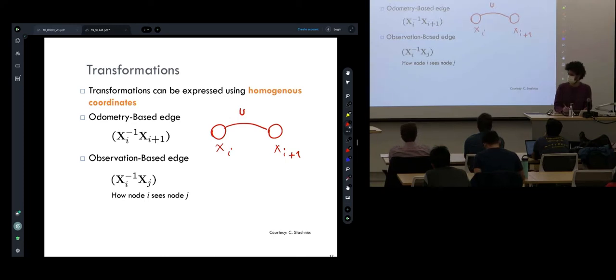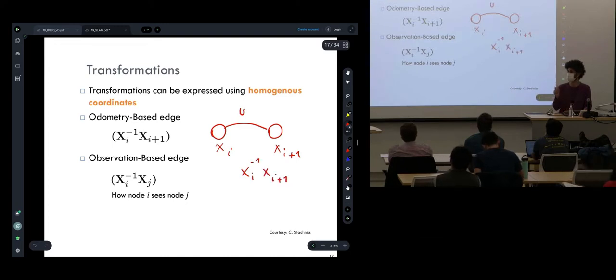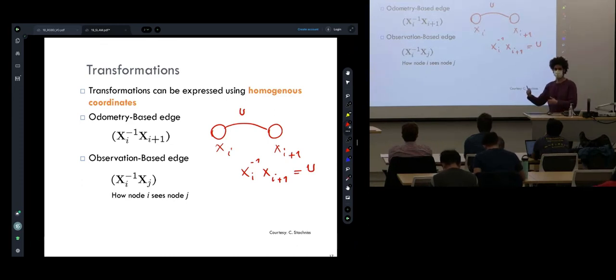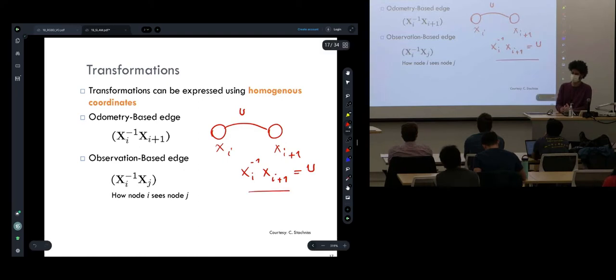The way they are related is that xi inverse times xi plus 1 is the relative movement given xi and xi plus 1. So if I have this relative movement from any sensor, whether it's an IMU, wheel encoder, point cloud, or camera, this constraint must be satisfied in the graph. And that is exactly my measurement model or factor model.